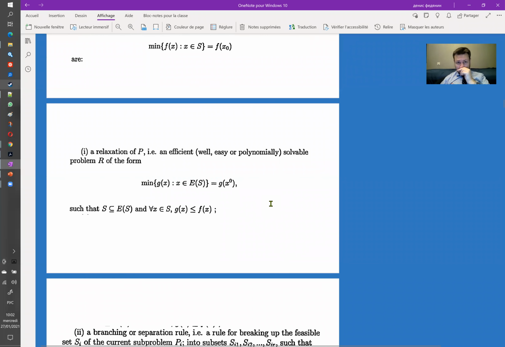But sometimes when we want to know the bounds, we can use polynomial problems, for example, to solve it. I can illustrate it by the problem of projects.